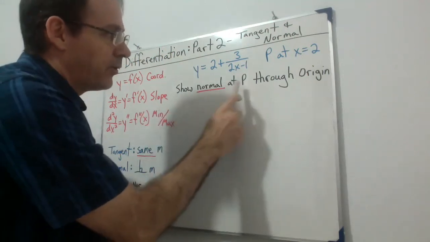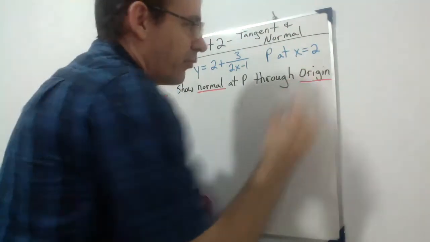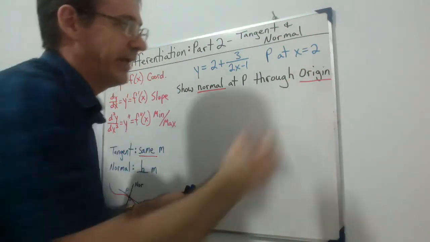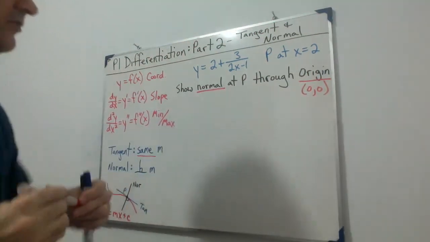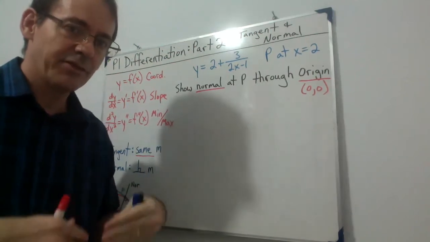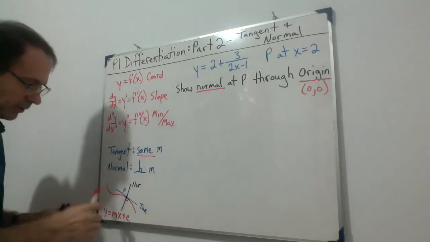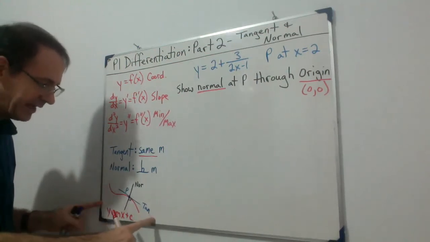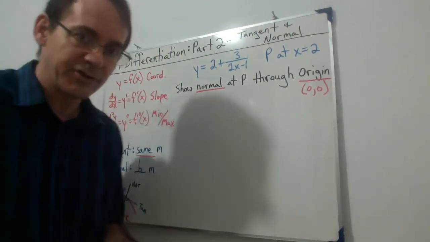Show that the normal at point P is going through the origin, which is your point 0,0. Okay, so this normal means we need the perpendicular of the slope. The normal is perpendicular to the tangent, so we have to do perpendicular slope, which means your negative reciprocal.